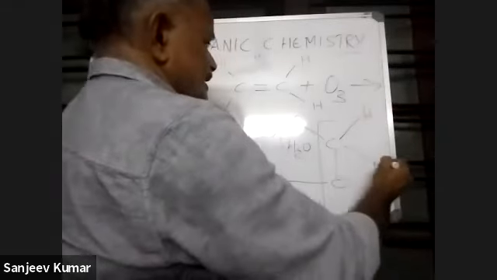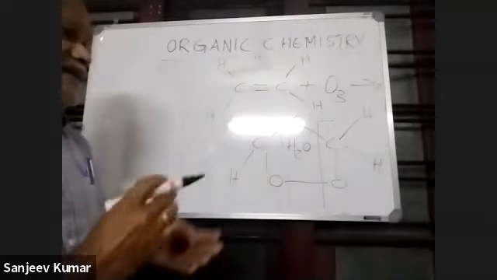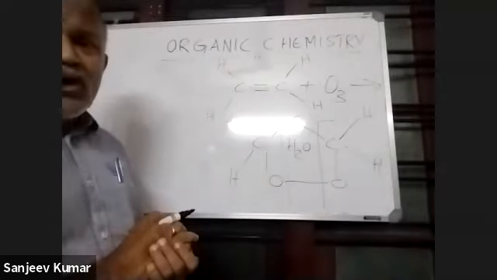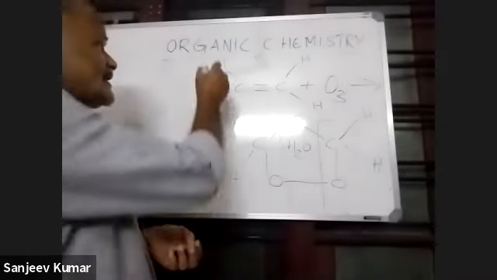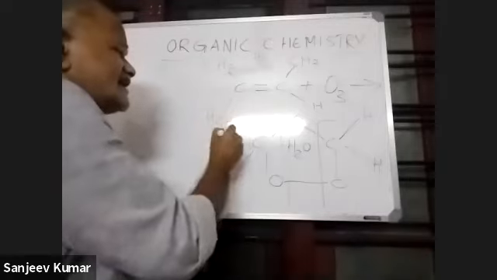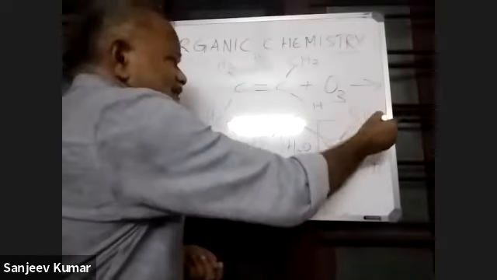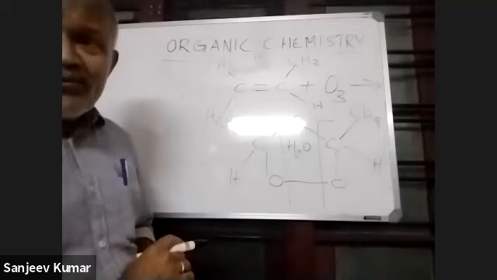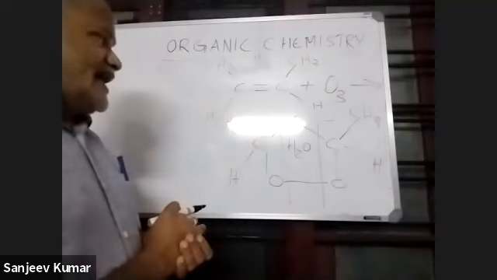HCHO is formaldehyde or methanal. But if it is butene, CH3CHO, two molecules of acetaldehyde or ethanal are formed.